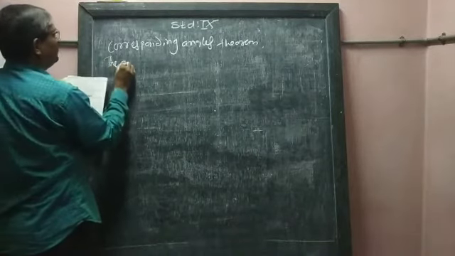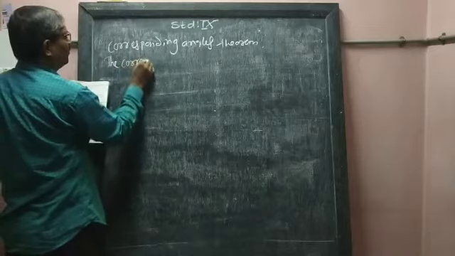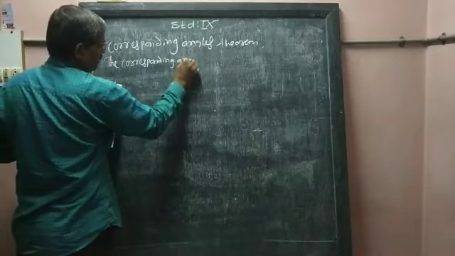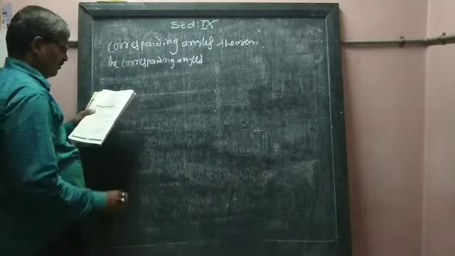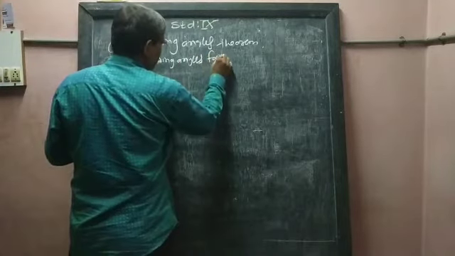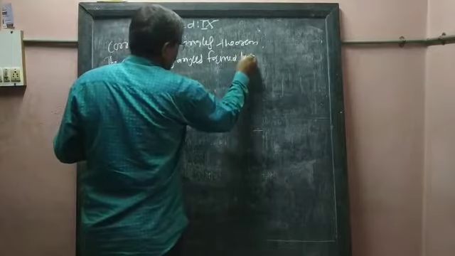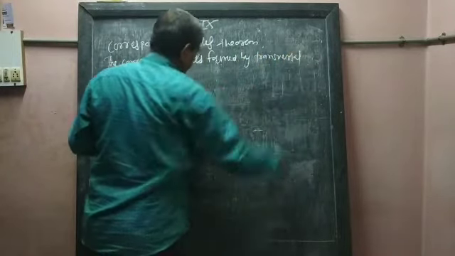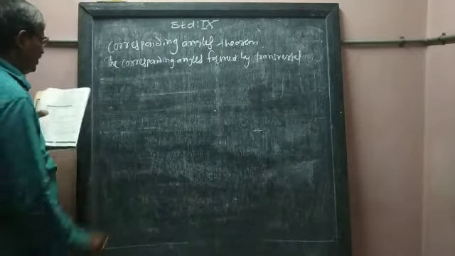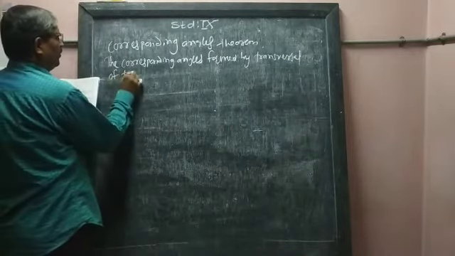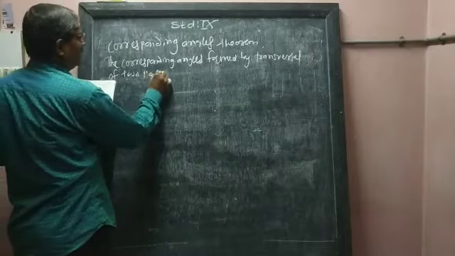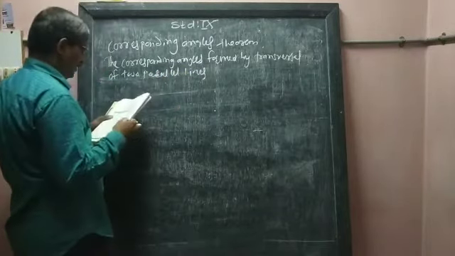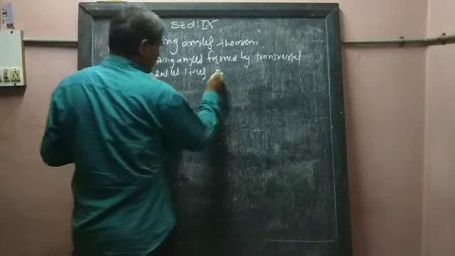The corresponding angles formed by a transversal of two parallel lines are of equal measures.